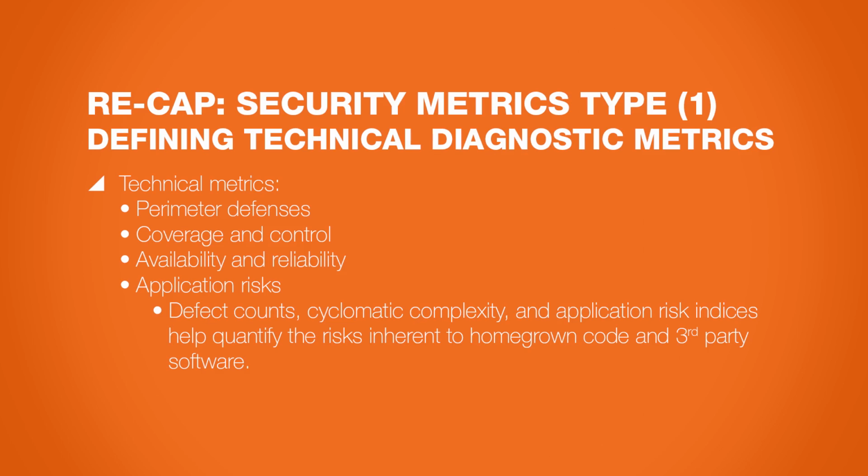Let's have a brief recap on the first security metrics type, technical diagnostic metrics, that security analysts can use for diagnosing security incidents or issues. So far, we have discussed three categories of technical metrics: perimeter defenses, coverage and control, availability and reliability.